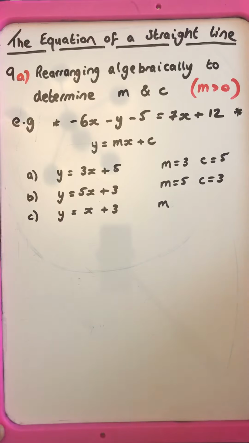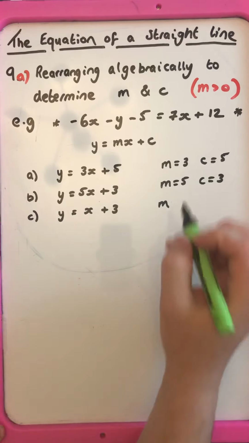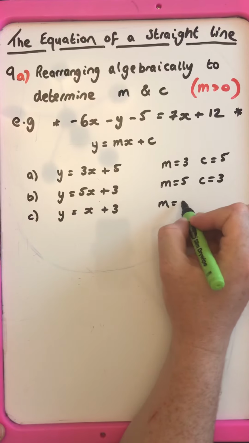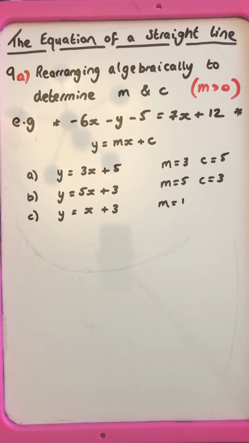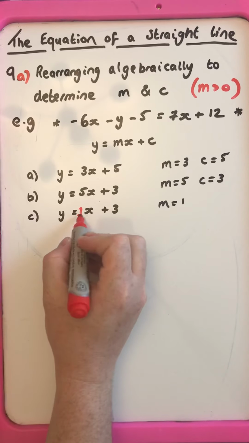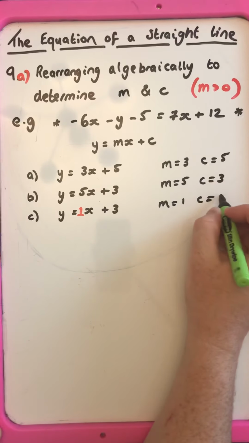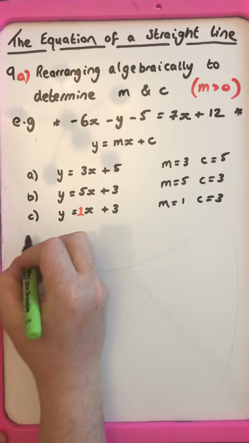If you multiply a number by something and it remains the same, then it's 1. So by default, I'm not writing it in here. And our y-intercept is 3. Let's keep going.